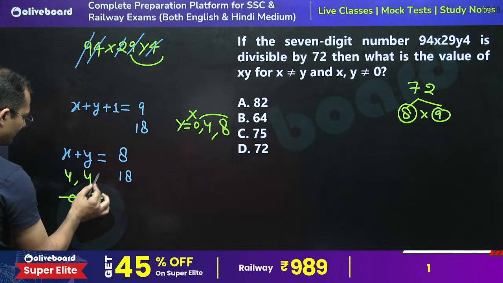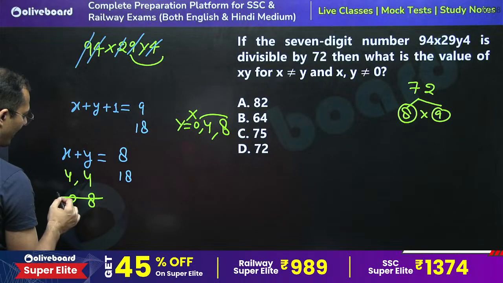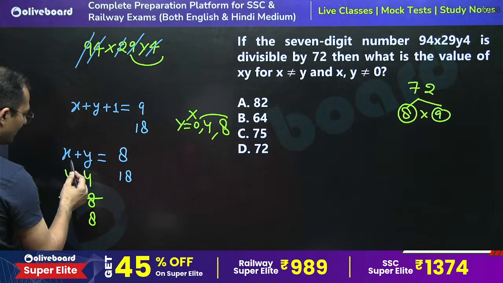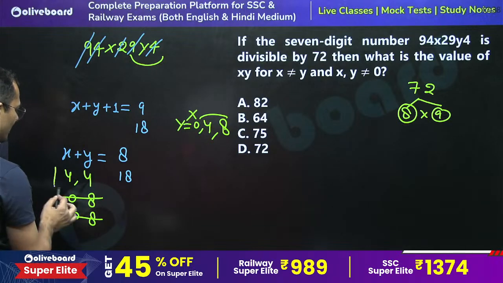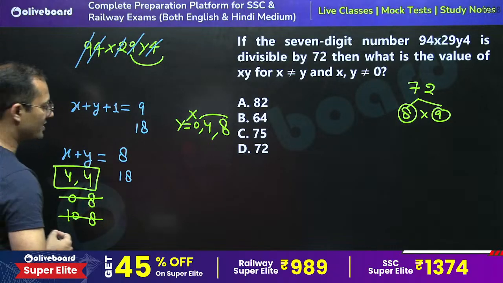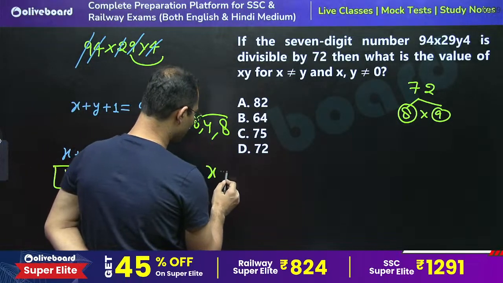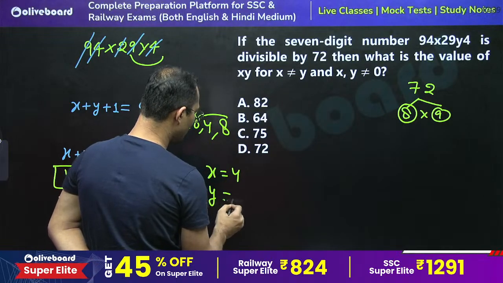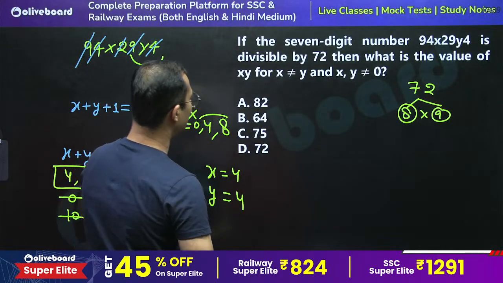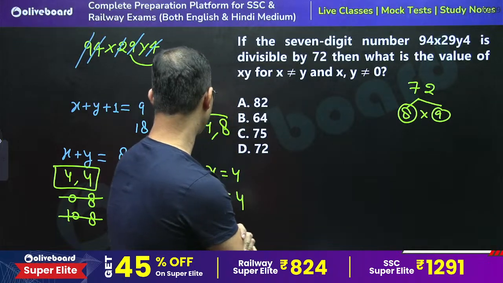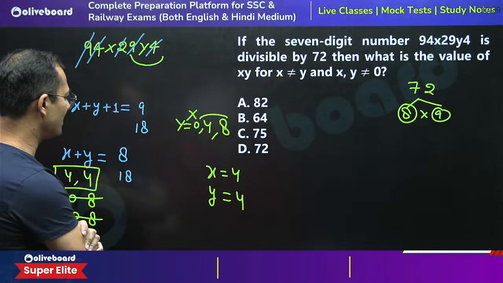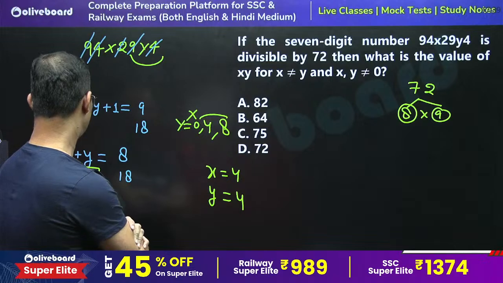If x plus y is equal to 18, again this is not possible. So there is only a single case which is possible for x and y: x is equal to 4 and y is also 4, right? Now the question is asking, what is the value of xy?